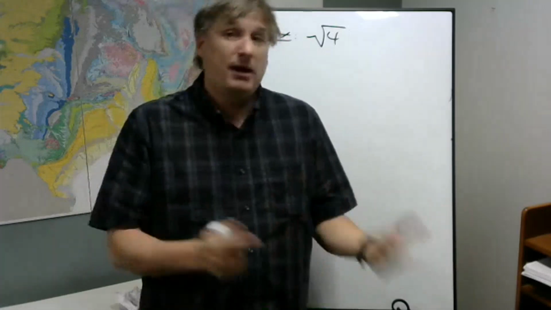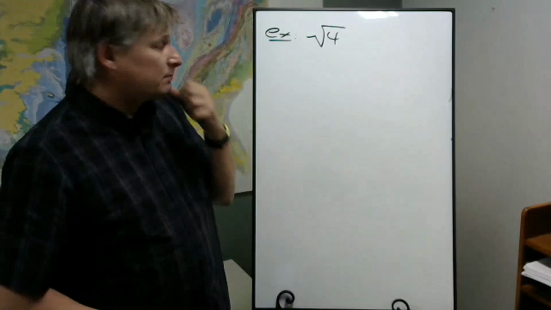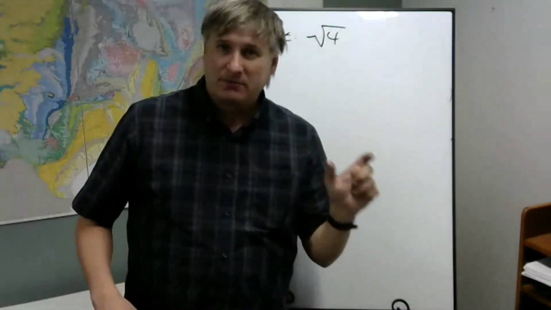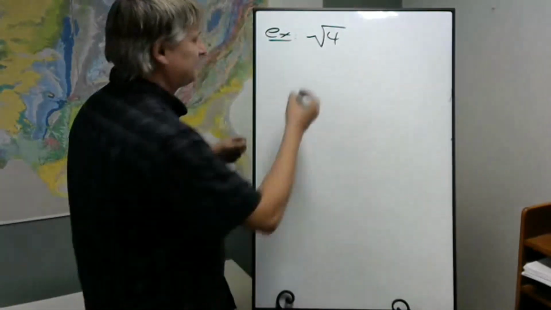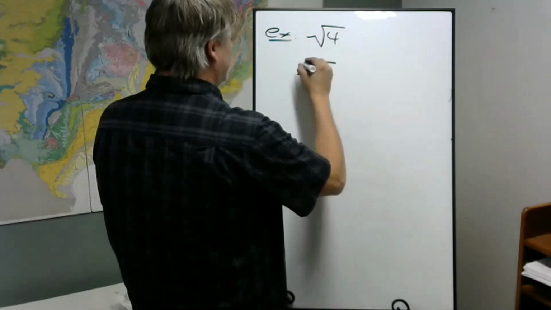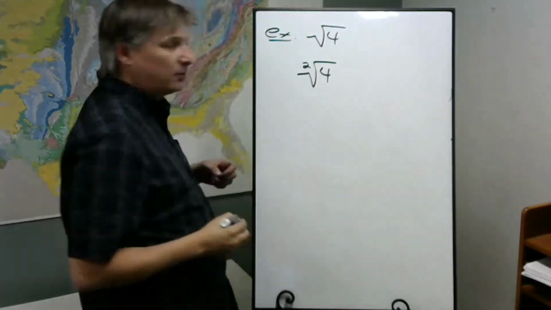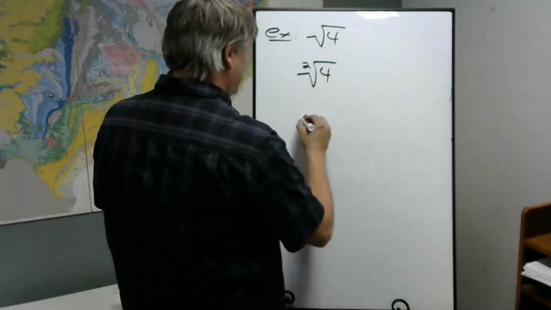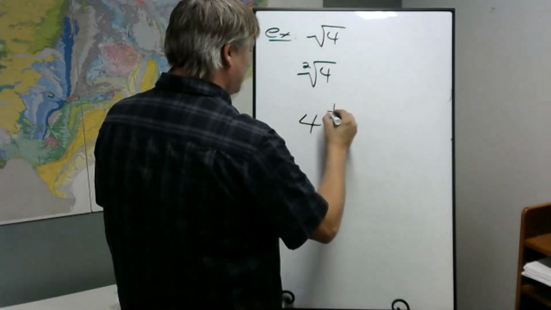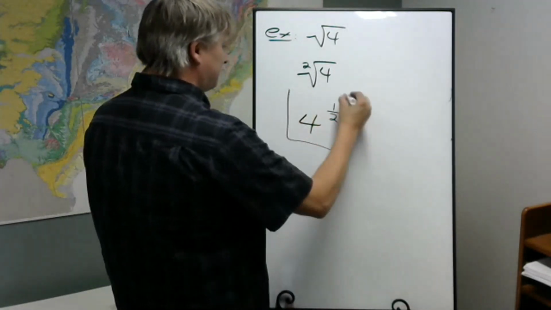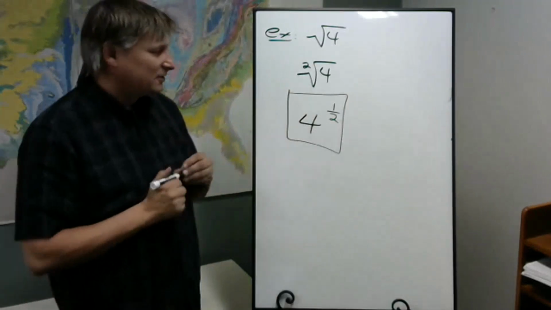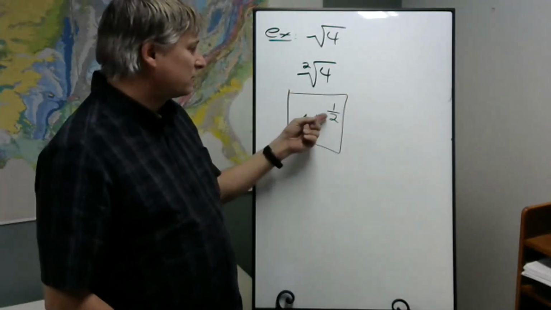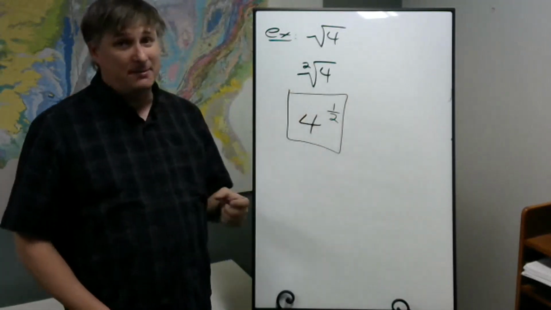Well, it's 2, because 2 times 2 gives you 4. But because we're talking about 2 copies of the number 2, we can write this as really the second root of 4. But this means we can write this as 4 to the 1/2. So roots are rational exponents of this type.